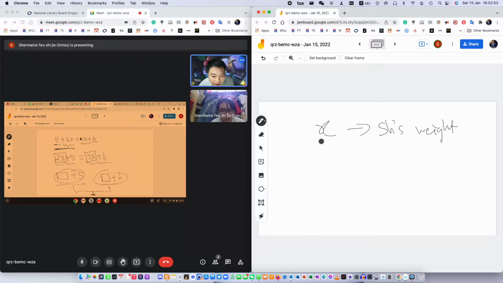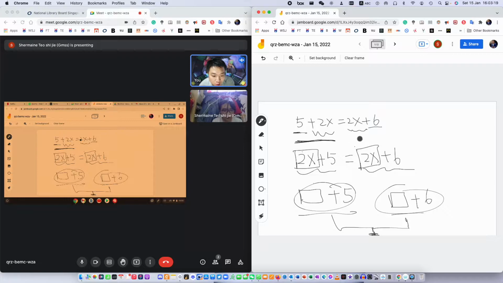So if x is Charmaine's weight, how can x plus 5 equal x plus 6? How can it be? It cannot be, right? So this question does not make sense. If x plus 5 is not equal to x plus 6, then therefore the previous one, it makes no sense.